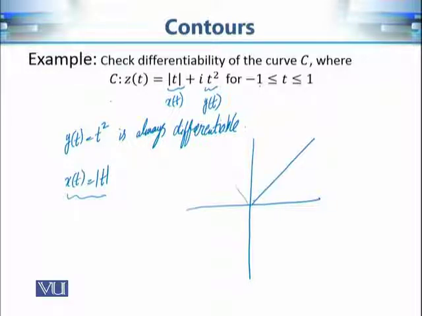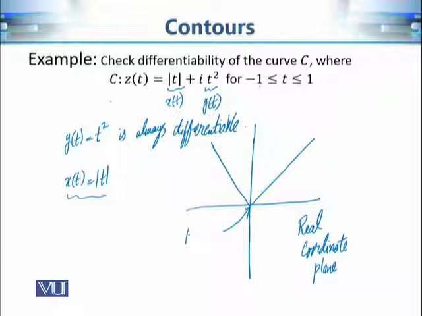The graph of this function in the real coordinate plane is given by a V shape. Now, we know that this function is not differentiable at 0. So |t| is not differentiable here.